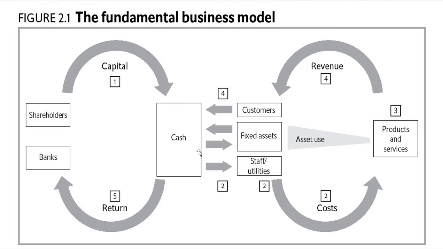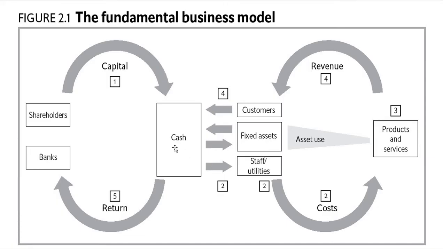Now, in producing products and services, some of the cash provided by the shareholders and the banks, in the form of capital or borrowings, will go to some expenses. For example, salary of staff, payment of utilities.